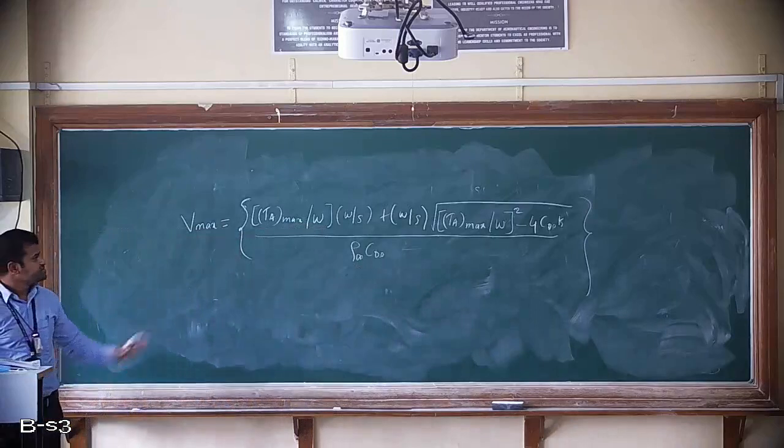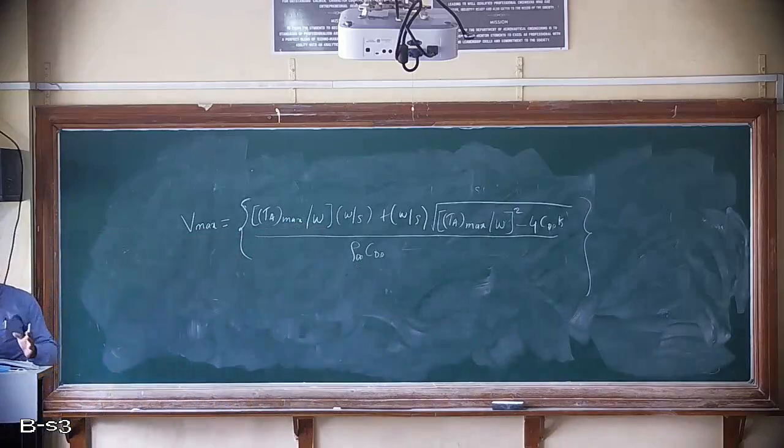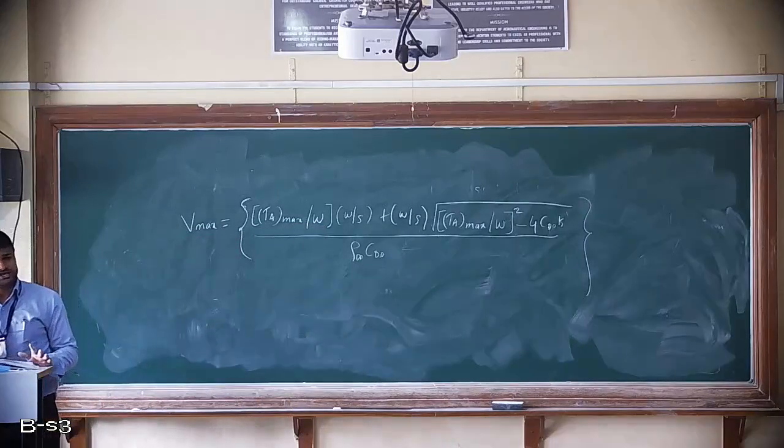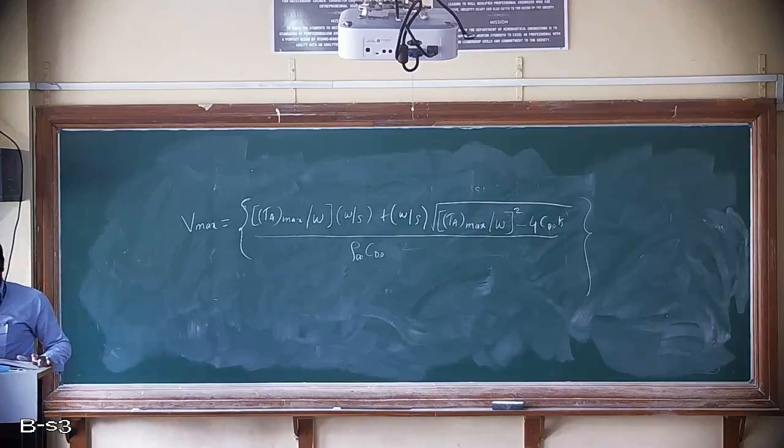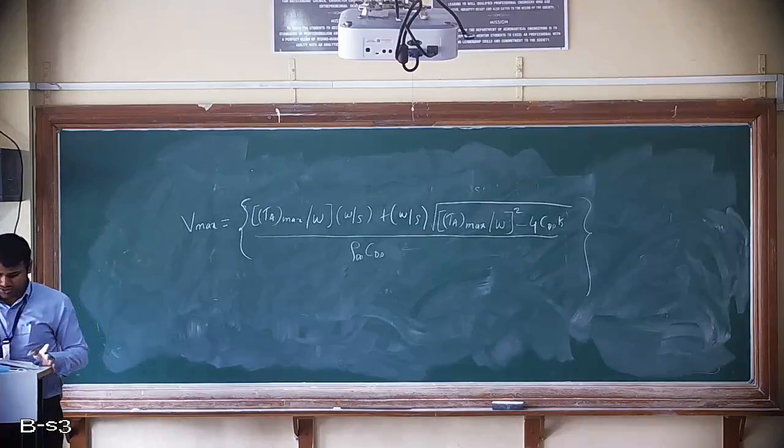So this is about Vmax, and here thrust required equals the thrust available maximum. That is the condition, because TR equals TA for steady level flight. That is the reason TR equals TA max, we can say.